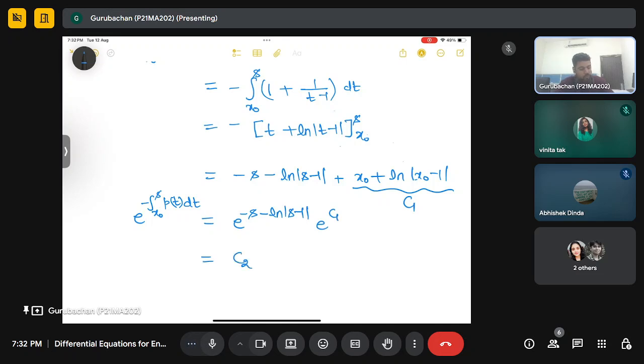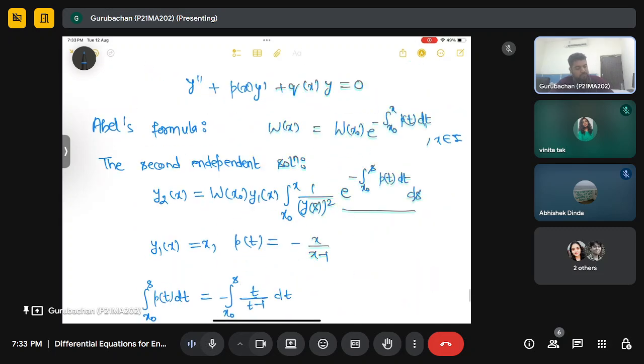C1 will be assumed to be some c2, and this will come out to be e to the power s divided by (s minus 1). Since ln is with a negative sign, s minus 1 will be changed to 1 by (s minus 1).